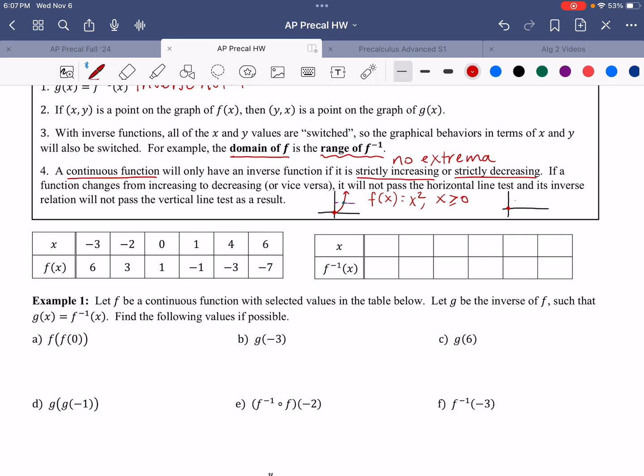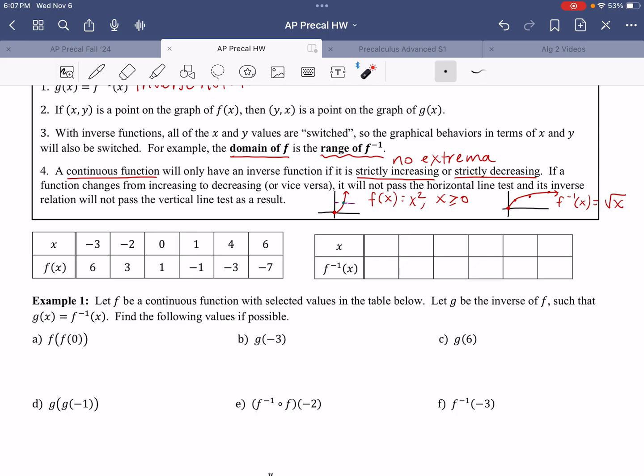It would give me (1, 1), (4, 2), (9, 3), right? And that would just make the positive square root of x. If we had the negative square root of x, then that's its reflection over the x-axis, and that corresponds to the left side of the quadratic function.